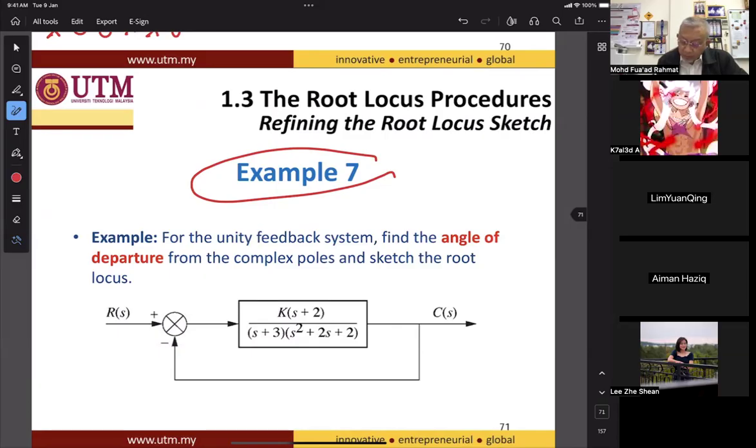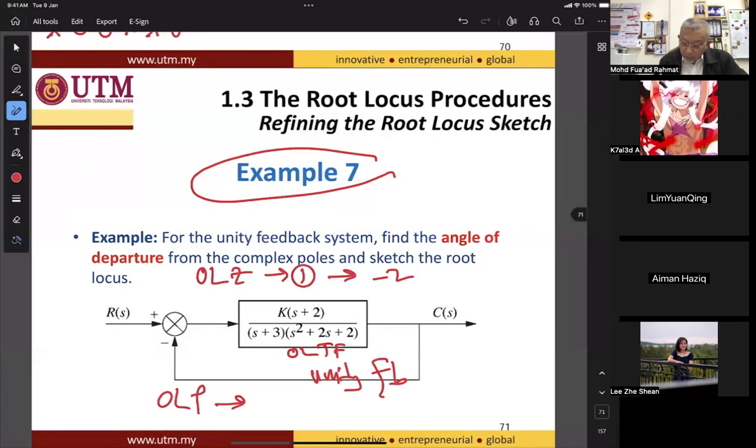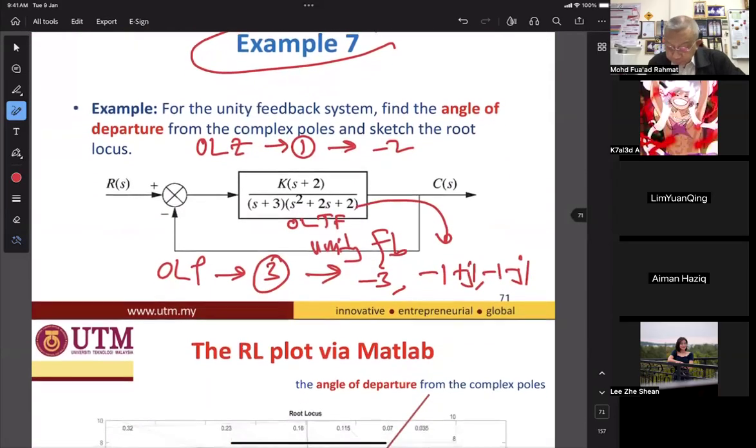You have an open loop transfer function here, unity feedback, which gives you an open loop zero at -2. The open loop poles are -3, -1 plus j1, and -1 minus j1, when you factorize S squared plus 2S plus 2.